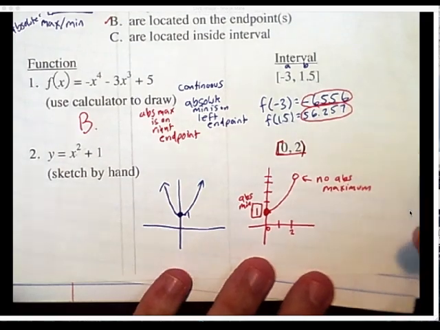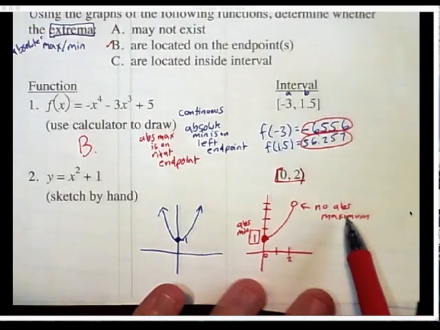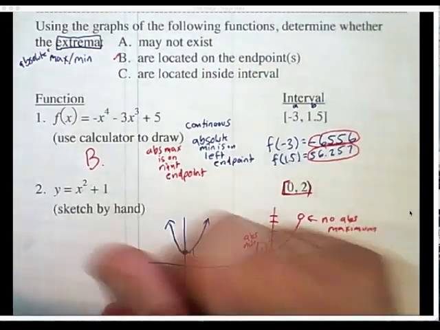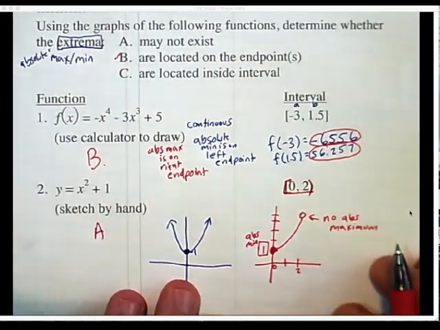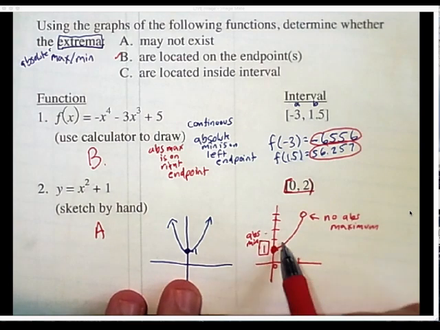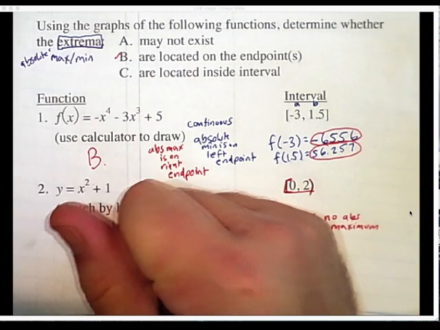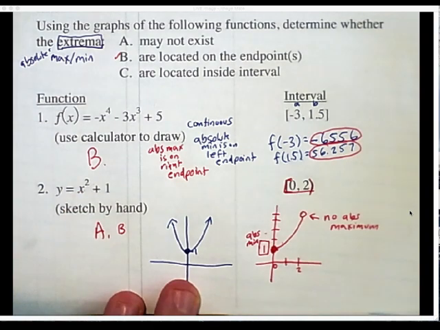So because there's no absolute maximum, it doesn't exist. So A is correct in a sense. But there is an absolute min because of that closed-in circle. There's no y value smaller than 1. So the absolute min is located on an endpoint.